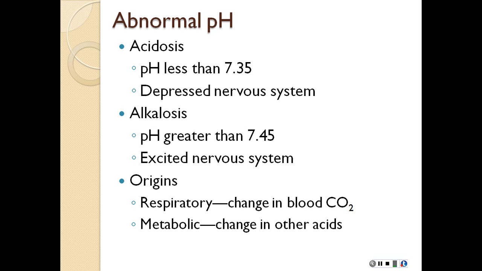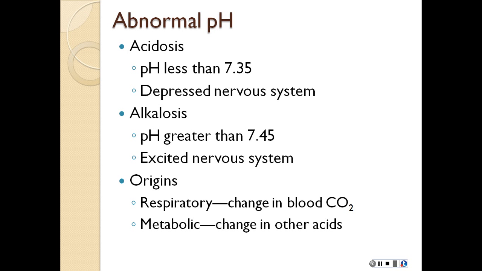You're increasing the amount of CO2, so it's making the blood more acidic. Okay? So that would be considered respiratory acidosis. Okay? Y'all get it? So respiratory acidosis occurs when you hypoventilate. Respiratory alkalosis occurs when you hyperventilate. Y'all get the connection?